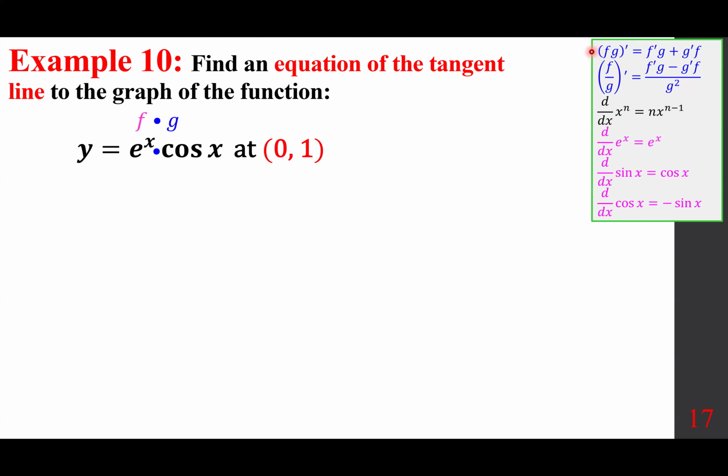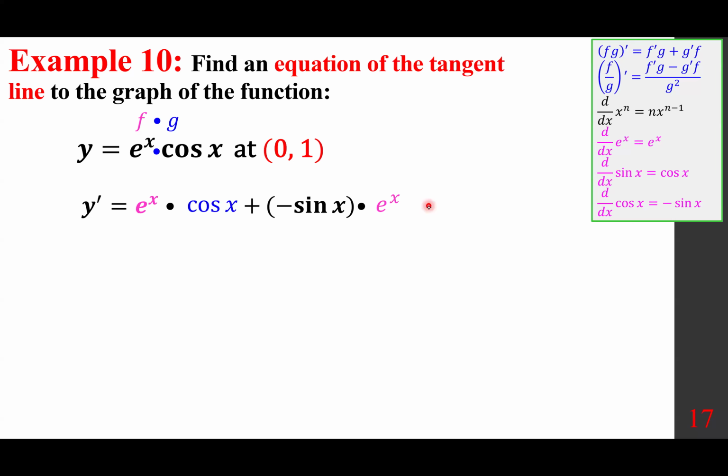the product rule. So y prime is f prime, the derivative of e to the power of x is itself, e to the power of x, times g, cosine x, plus g prime, the derivative of cosine x is negative sine x, times f, e to the power of x.